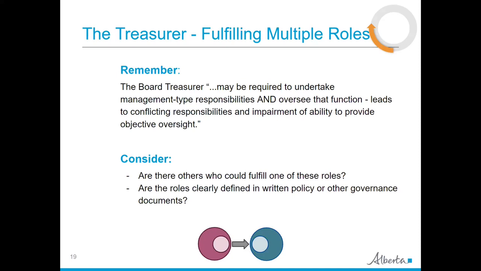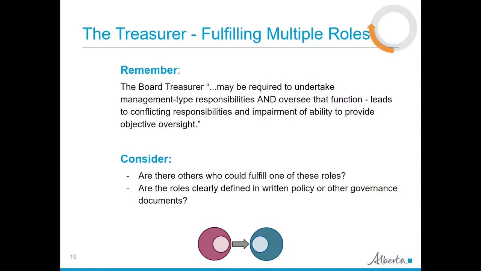On the other hand, in a small organization that is entirely volunteer-run, the treasurer will have those same oversight responsibilities, but they may also be carrying out the actual day-to-day financial functions or transactions themselves.